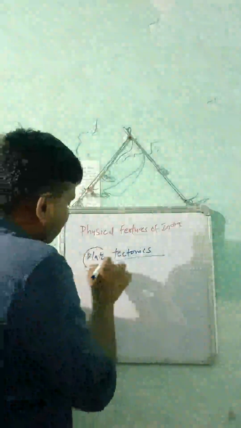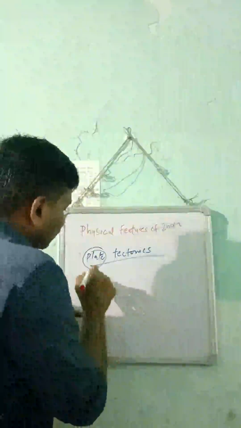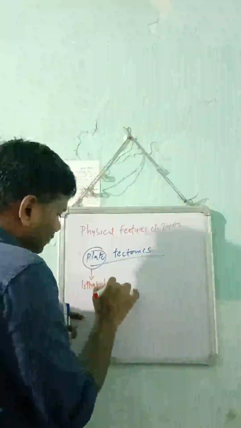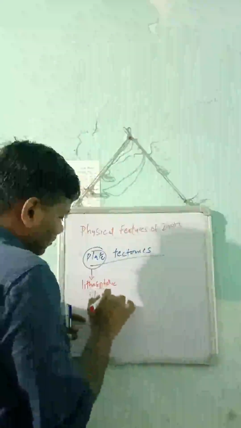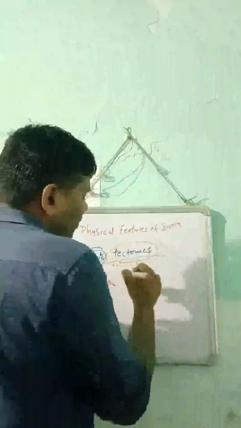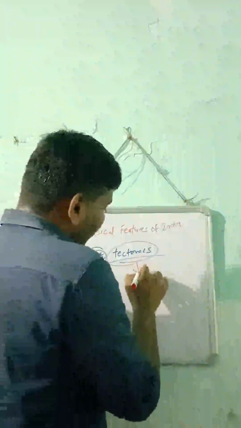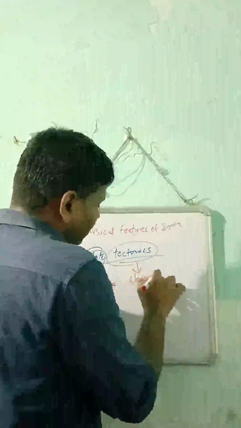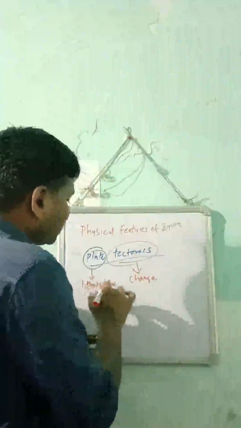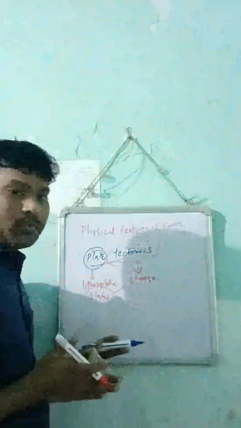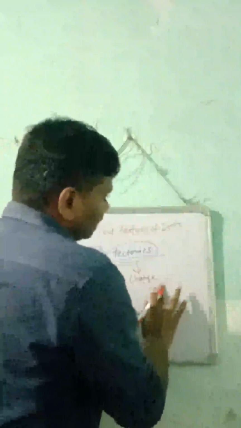So plates means lithospheric slabs. Tectonics is change. So these lithospheric slabs change from one place to another, meaning one plate moving away from another. So where do changes occur?